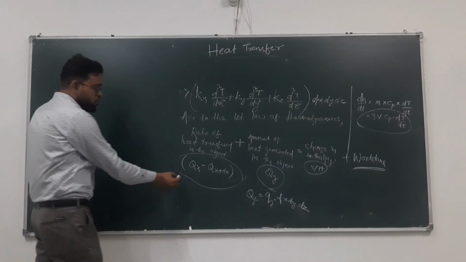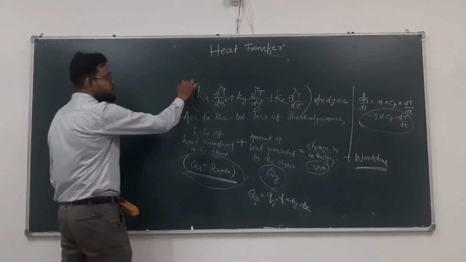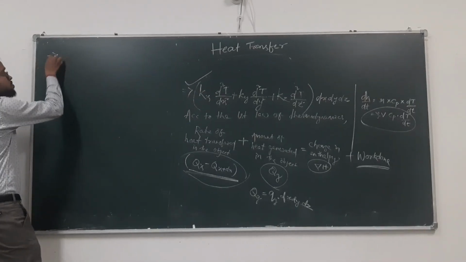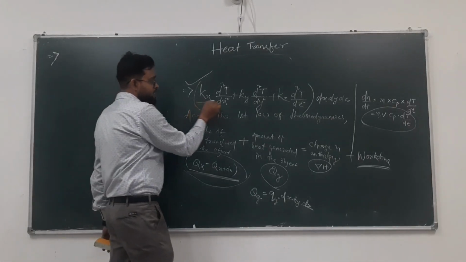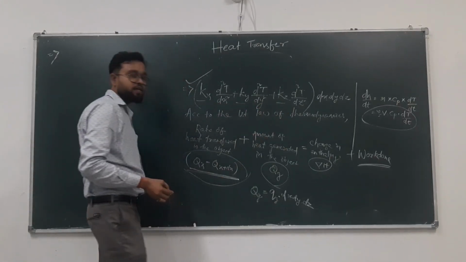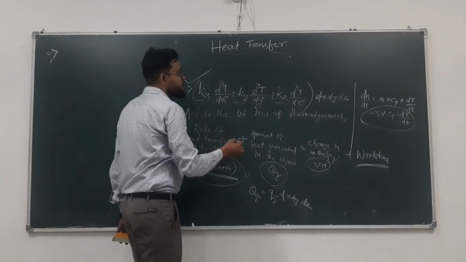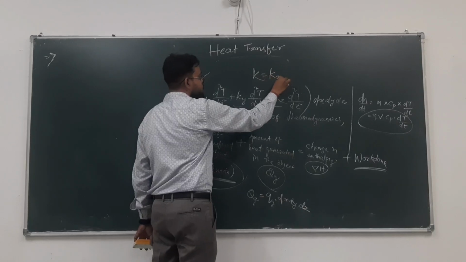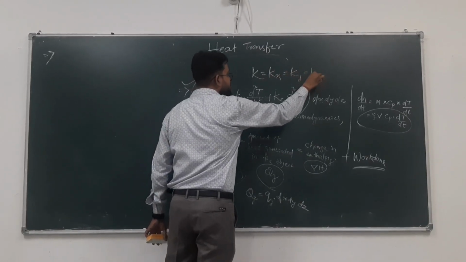So what is the value of qx minus qx plus dx? This one. As we know, kx is thermal conductivity and is always the same for all, that is k equal to kx equal to ky equal to kz.